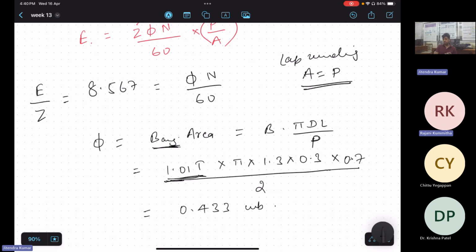Sir, maybe pole pairs, sir, because the answer they gave is 0.866 Weber in the paper. Oh, is it? The area of the pole, right?